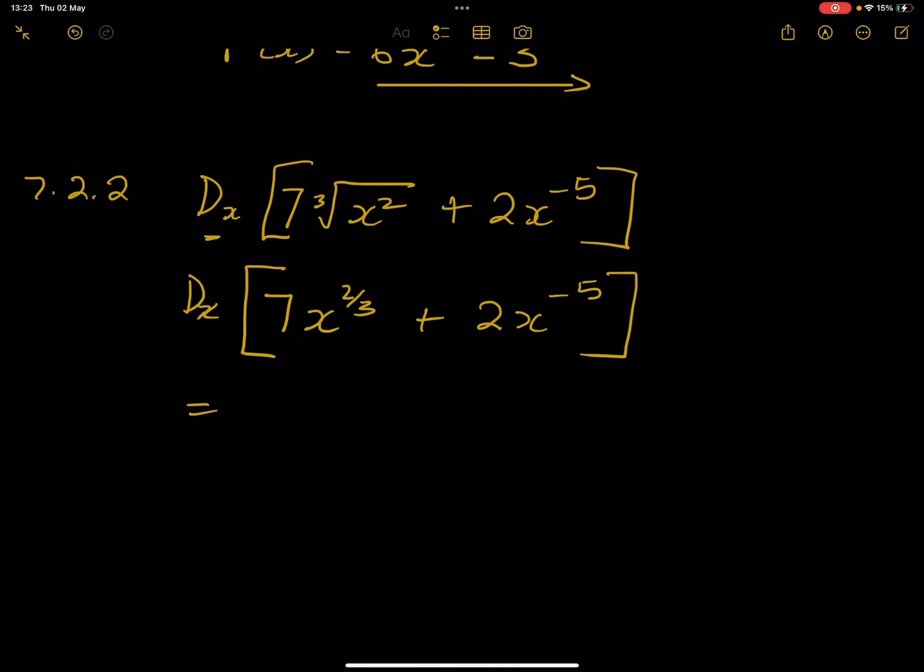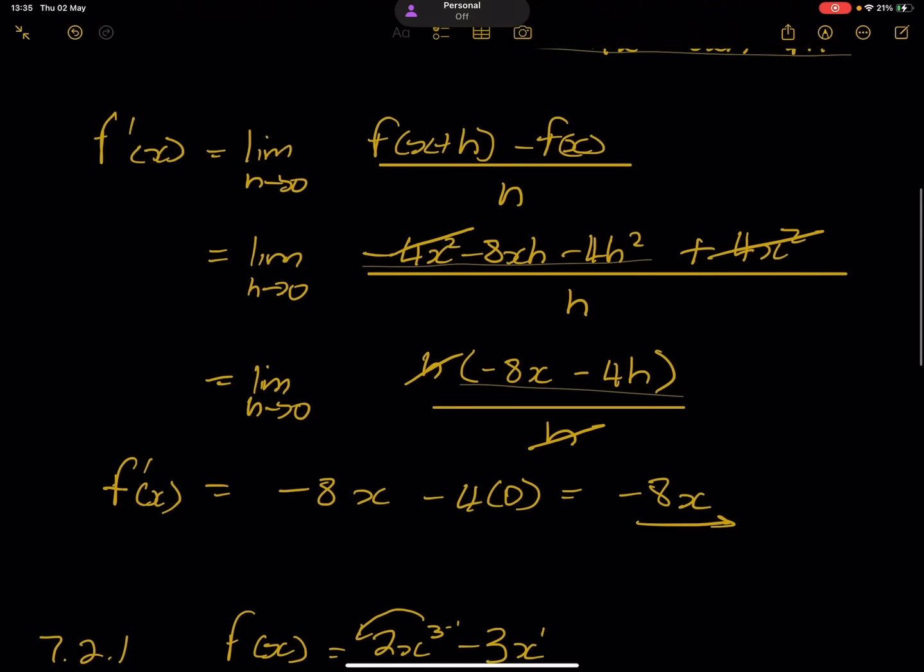So 7 times 2, that's 14, so that will give us 14 over 3 x to the power 2 over 3 minus 1, which gives us 1 over 3, plus, because 2 times negative 5 will be minus 10, x to the minus 6. And that is our derivative with respect to x. And so we look at the last question.